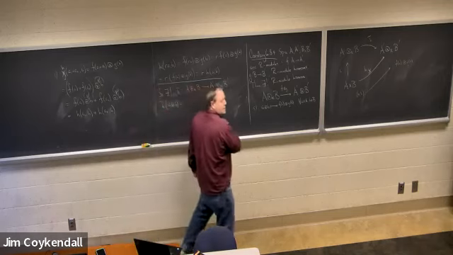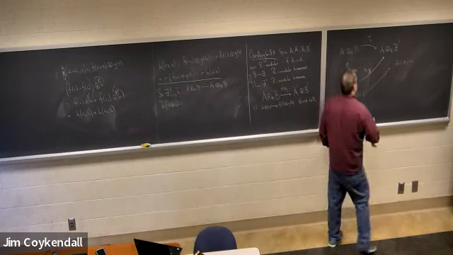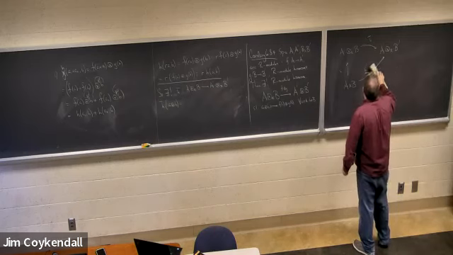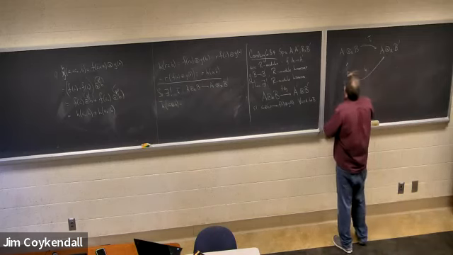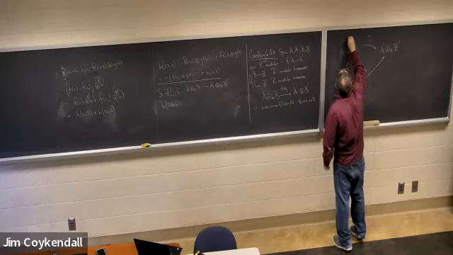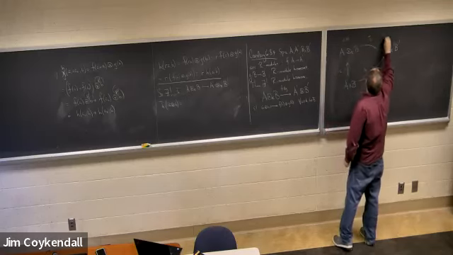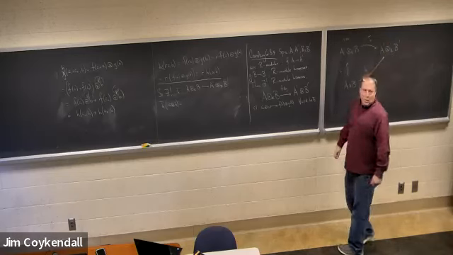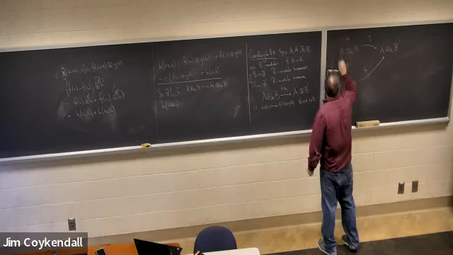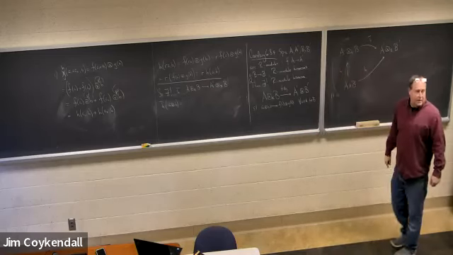Actually, it might help me go back to my diagram here. Let's see what happens here. H bar of A tensor B. I want to know where this goes over here. Well, notice that this actually comes from the ordered pair, right?